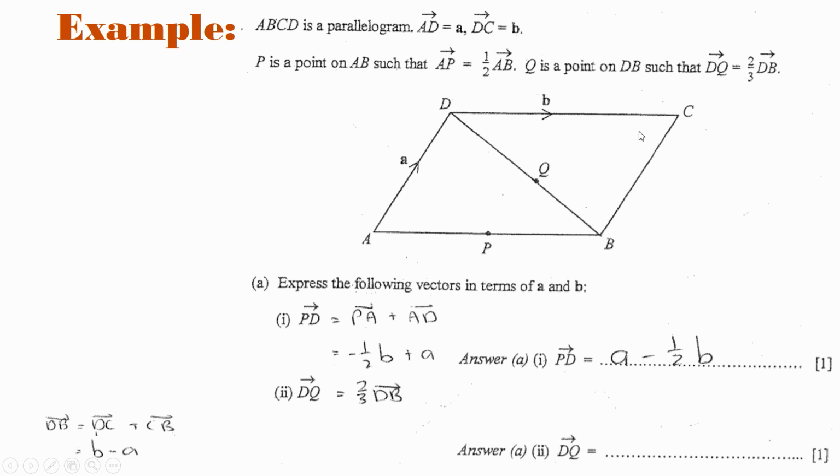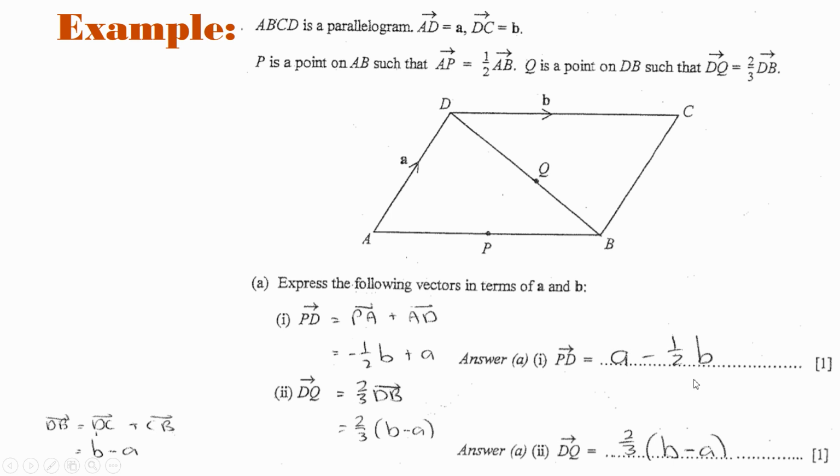So plus B minus A. We need to work out what's 2/3 of that. On the side I worked out DB, and now it's still 2/3, multiplied by DB, and DB is B minus A. Then you could expand, or you could just leave it like that, not such a big deal. Not wrong, if you had the expanded version, you would say 2/3 B minus 2/3 A would be your answer.